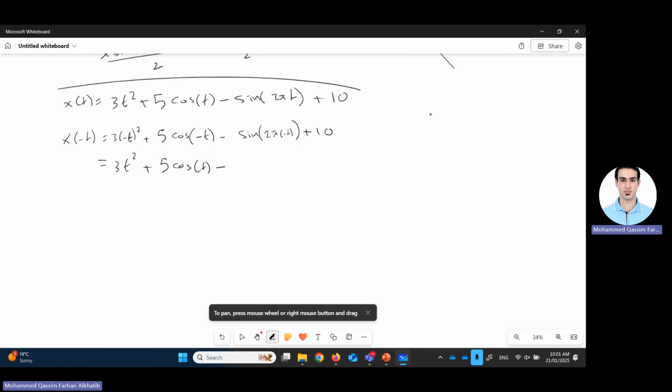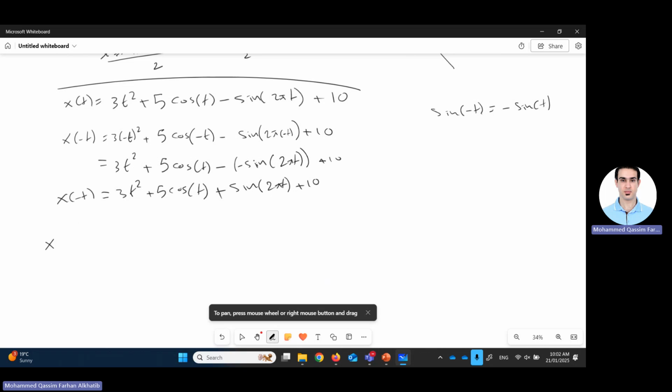All right, now I have sine. Sine of negative t, we know from the sinusoidal properties, equals negative sine of t, so I'm negating the angle here. The whole thing will become negative sine 2 pi t, plus 10. So 3t squared plus 5 cosine t, plus, negative by negative is plus, sine 2 pi t plus 10. So that's x of negative t.